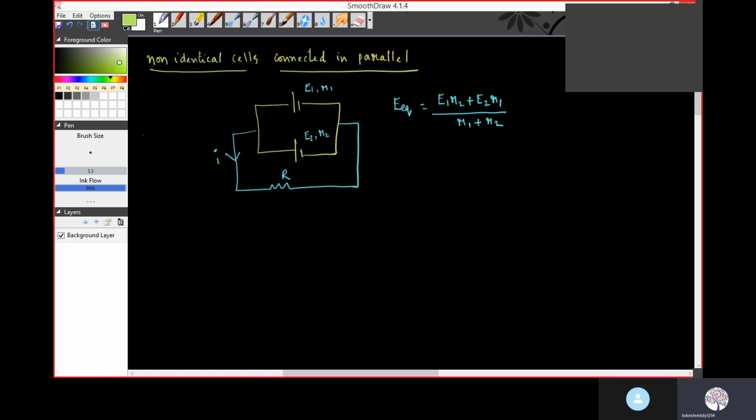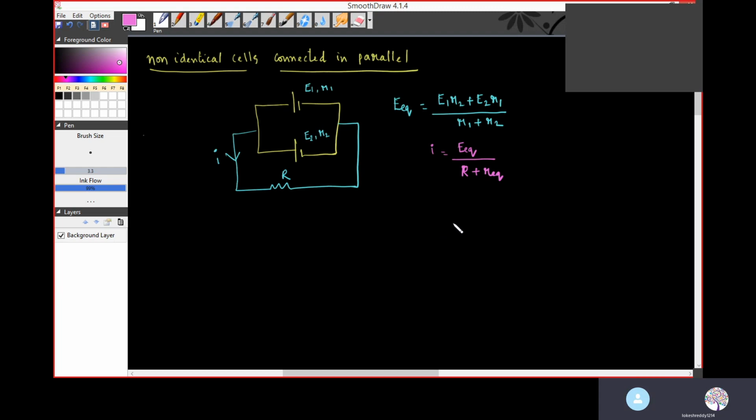When non-identical cells are connected in parallel, we get E1 r2 plus E2 r1 by r1 plus r2. Then current I is equal to E equivalent by R plus r equivalent.